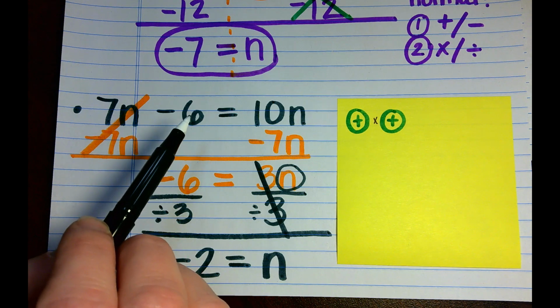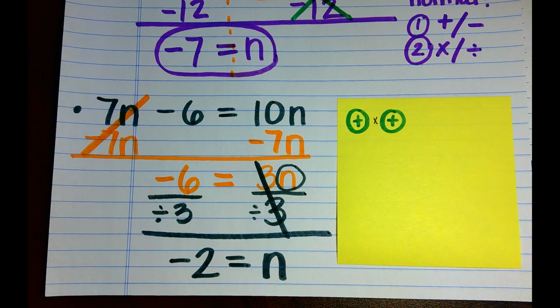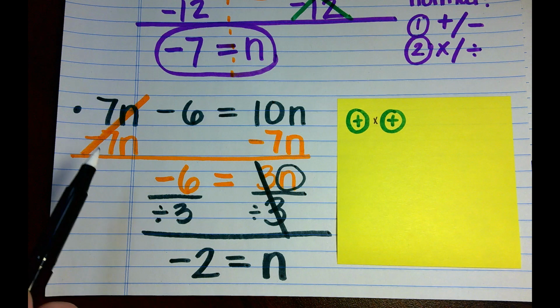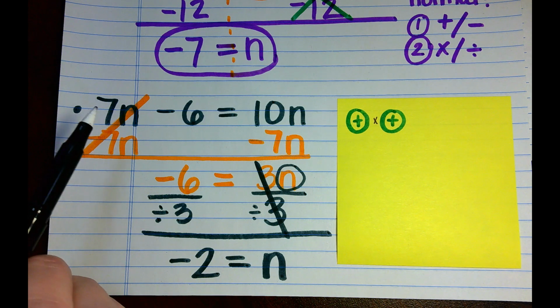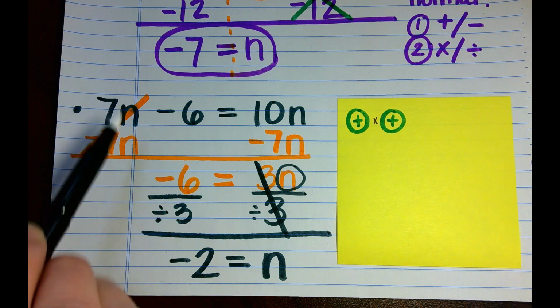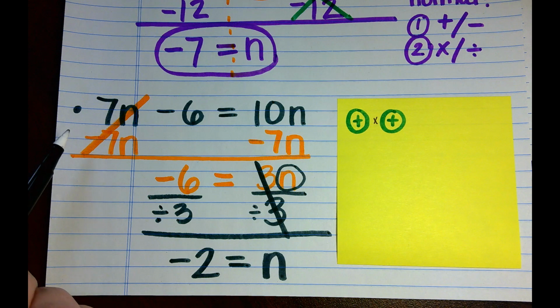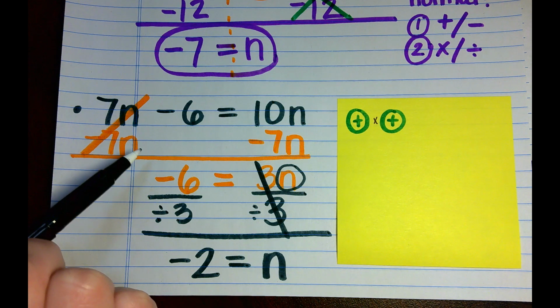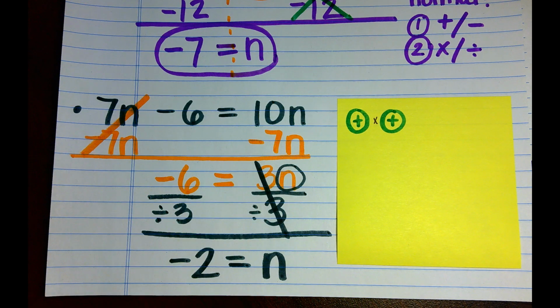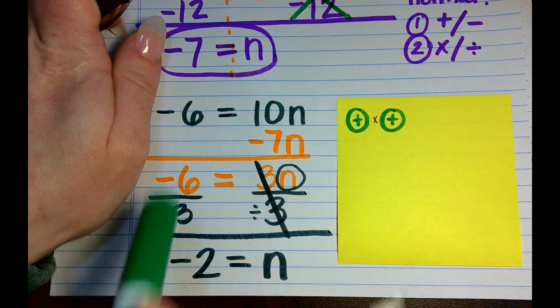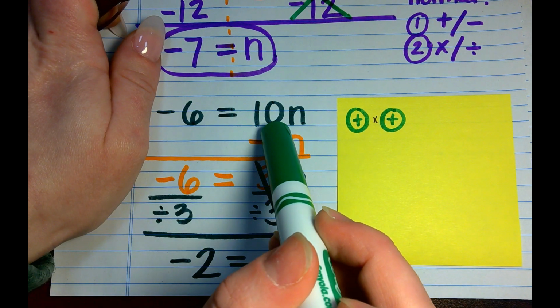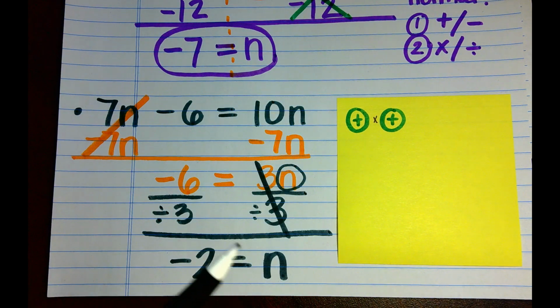So how would you get a negative 7 from our 7n? Because we started with positive 7n. So to get rid of 7n, we subtract 7n from both sides. And that gets rid of these n's, and then we're here. Okay. It's tricky stuff, guys.